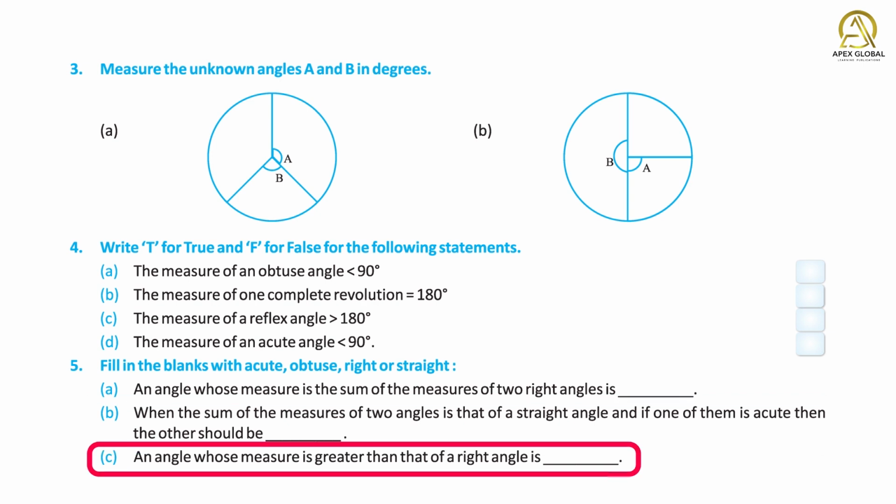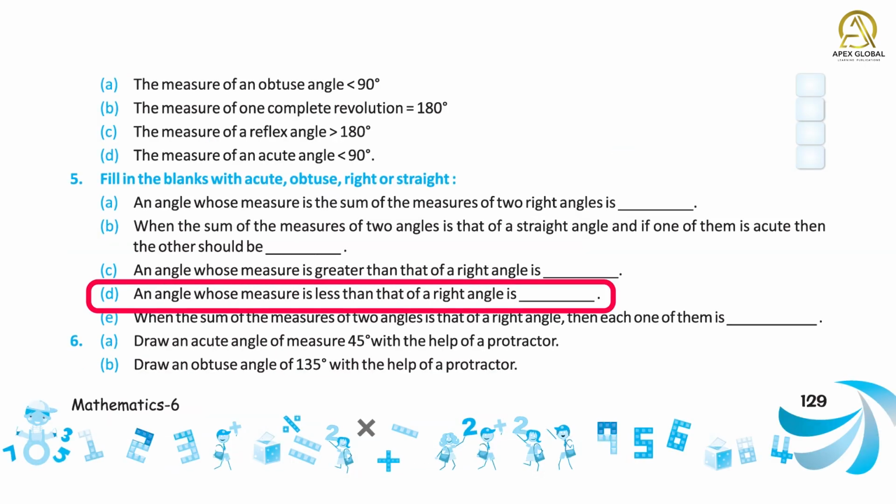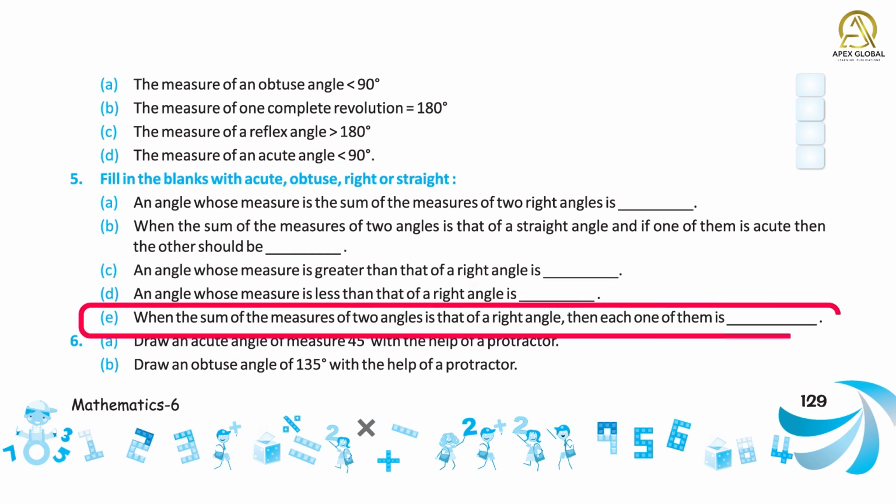Obtuse. C. An angle whose measure is greater than that of a right angle is dash. Solution. Obtuse. D. An angle whose measure is less than that of a right angle is dash. Solution. Acute. E. When the sum of the measures of 2 angles is that of a right angle, then each one of them is dash. Solution. Acute.